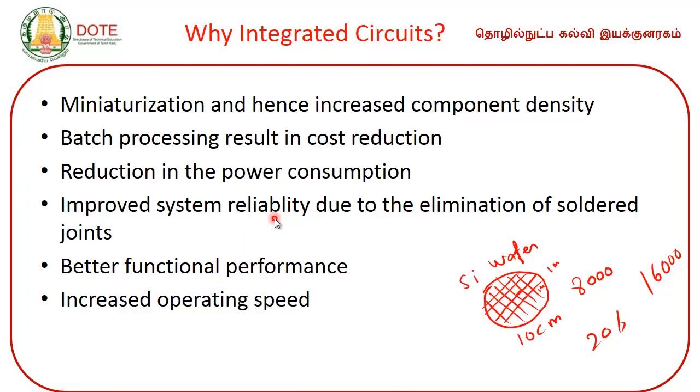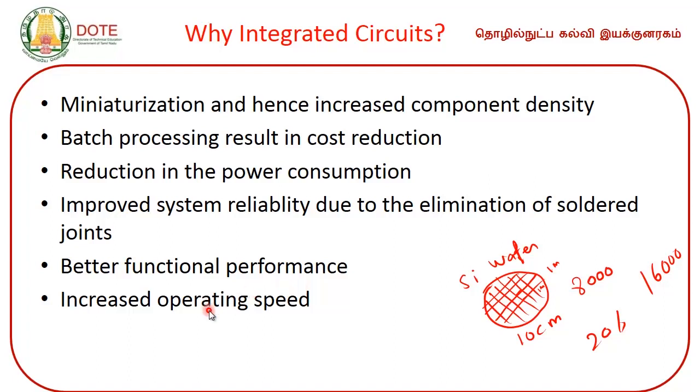So, there is no possibility of disconnection க்கு வாய்ப்பே இல்லை, because a metallization layer is fabricated on the components wherever you need to connect. So, obviously the reliability is increased, right. So, no soldering iron joints, better functional performance. Of course, compared to the discrete circuit, IC circuits performance is very good, also the operating speed is very high, right.